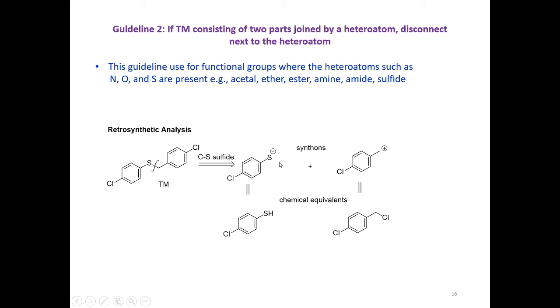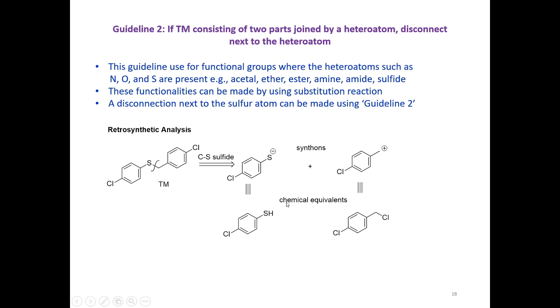So you will end up with these synthons. Sulfur will have a negative charge and this methyl will have a positive charge. These synthons are, as I said before, idealized fragments or idealized reagents. So this converts into this thiol and this is benzyl chloride.